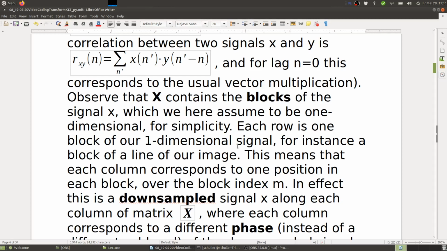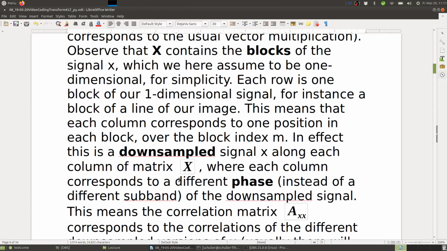Right, so this means that each column of this X corresponds to one position in each block over the block index m. So in effect, this is a downsampled signal x along each column of matrix X, where each column corresponds to a different phase instead of a different subband of the downsampled signal.